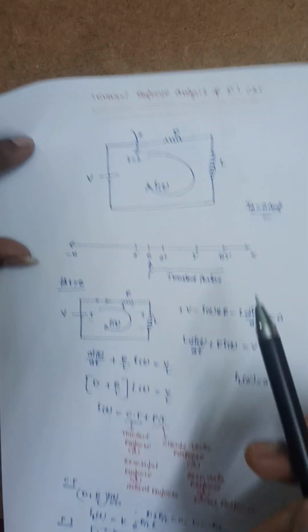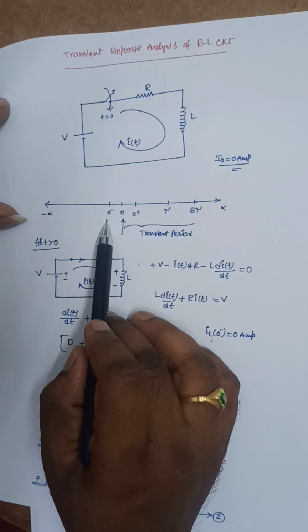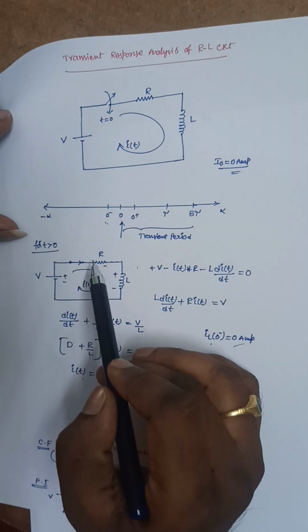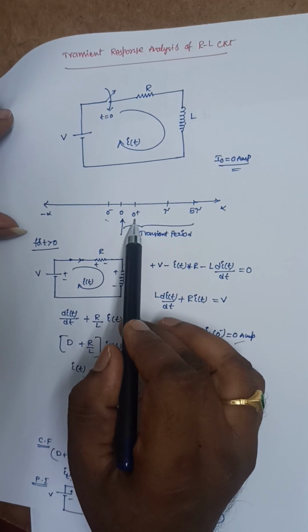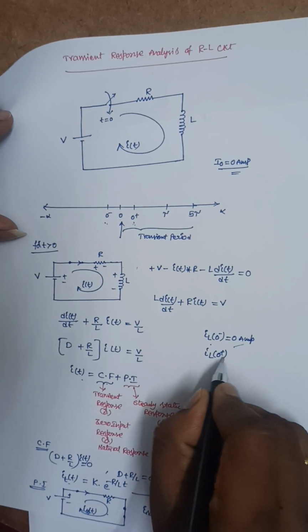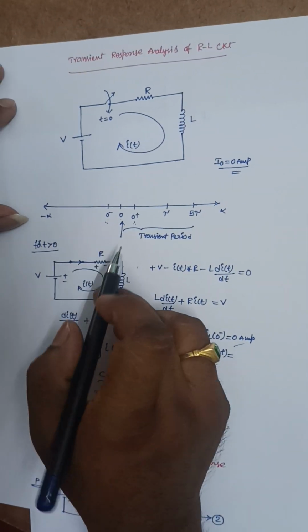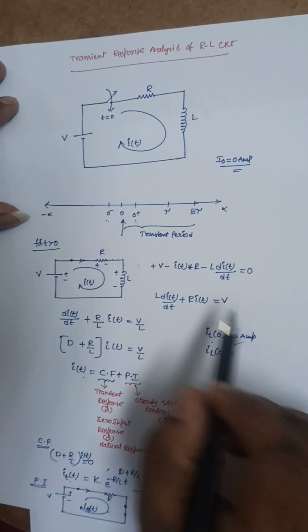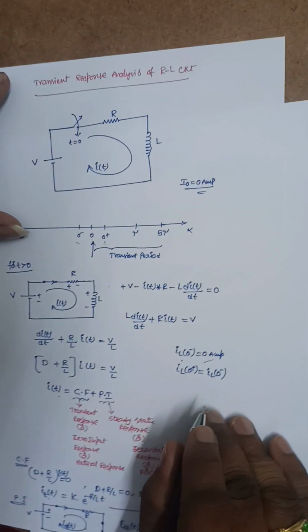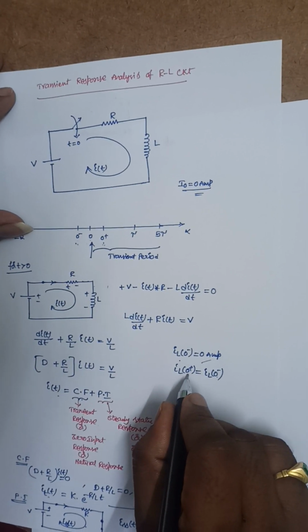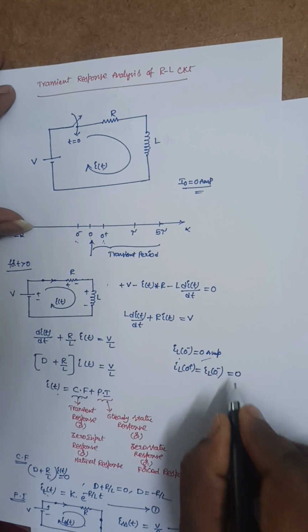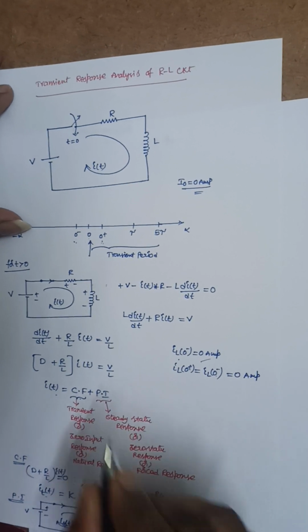Now whenever the switch is on, at t is equal to 0 plus, just after the switching action is done, the current flowing through the inductor is the same as the current at t is equal to 0 minus, because the inductor doesn't allow sudden changes in current.